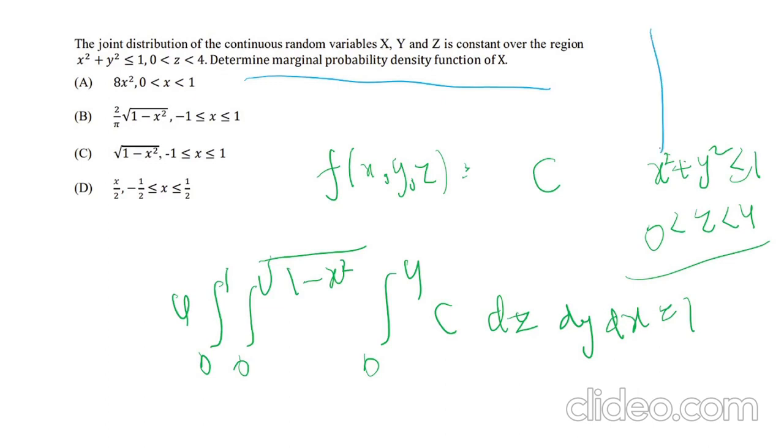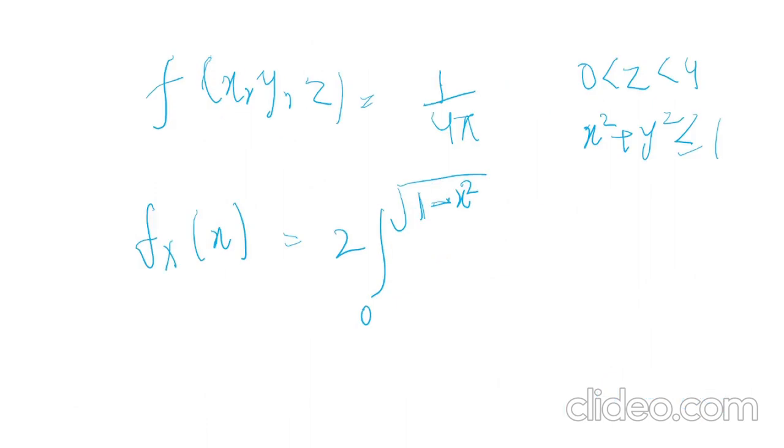Because the region here, either we can do minus root 1 minus x squared to root 1 minus x squared, or we can just take 2 times. And then it will be 0 to 4, 1 upon 4 pi, which is the constant f, and then it will be dz dy. So for dz, it will be just 4 upon pi.